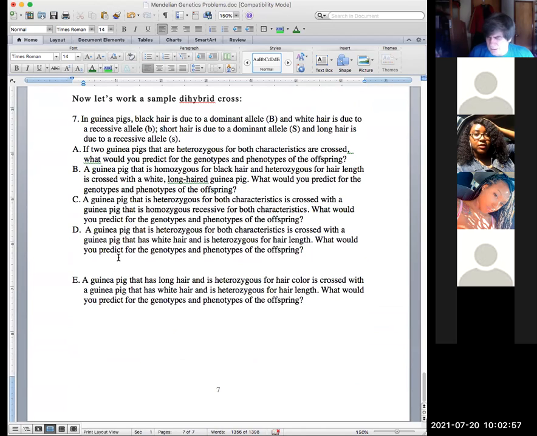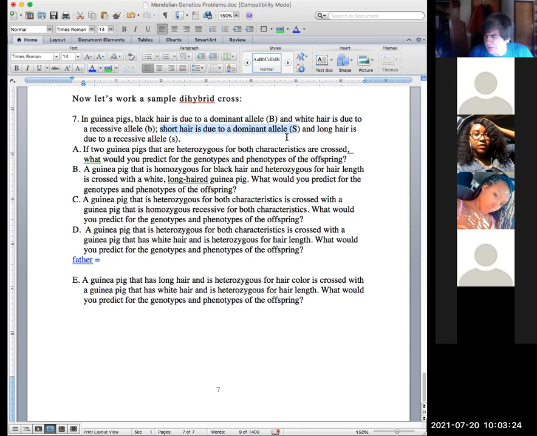So let's look at the two guinea pigs that we're crossing here. And notice it tells us up at the top that black hair is big B, dominant. White hair is little b, recessive.